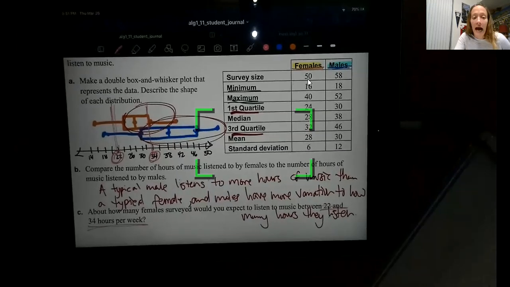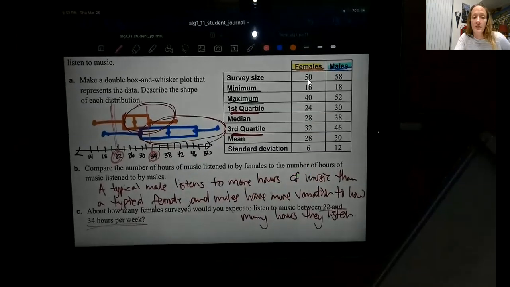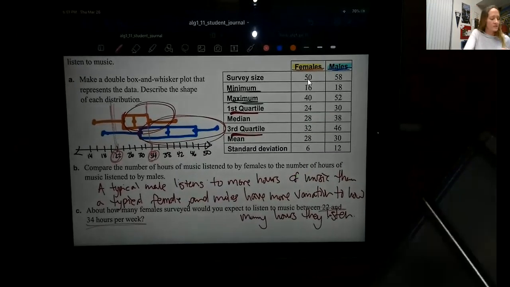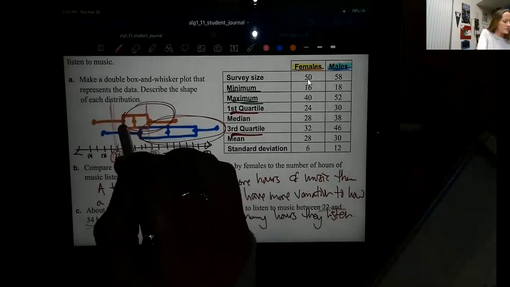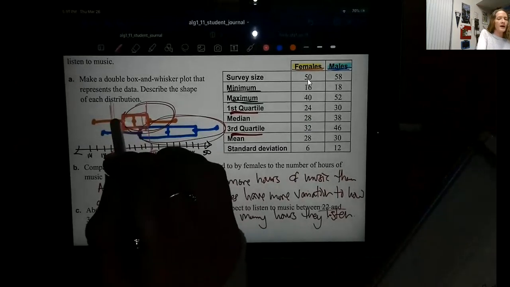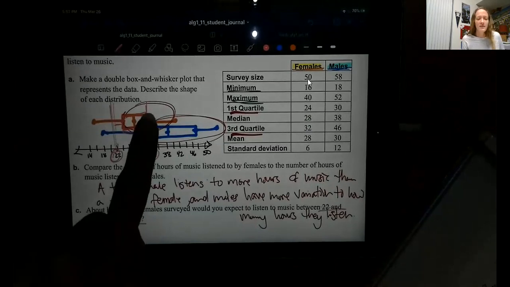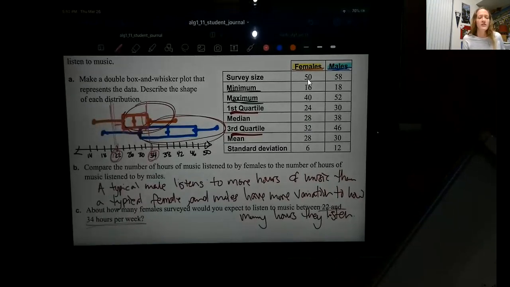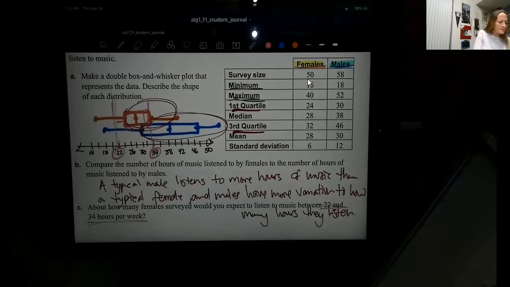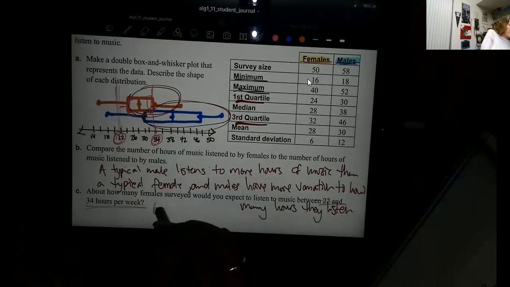You notice that entire box is in that range, and that entire box is 50% of the data. We also have a little bit more. So you guys could say more than 50, 60, probably not 70, because remember, 75 goes all the way to the outer edge of this whisker. I think maybe like a 60 or 65.